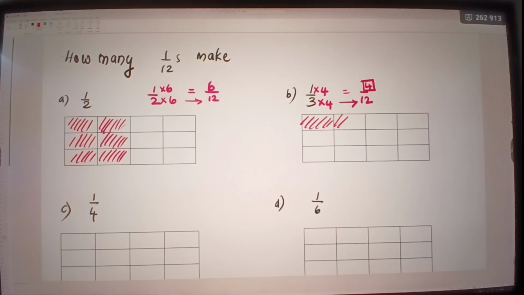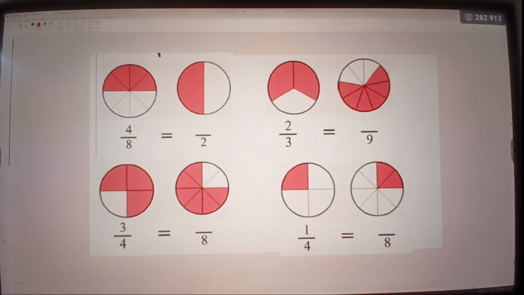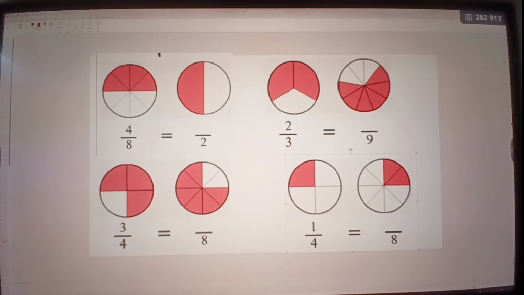The remaining questions, 1/4 and 1/6, you can do on your own. Now you want to figure out the equivalent fraction. So 4/8 is equivalent to 1/2. Next, 2/3.